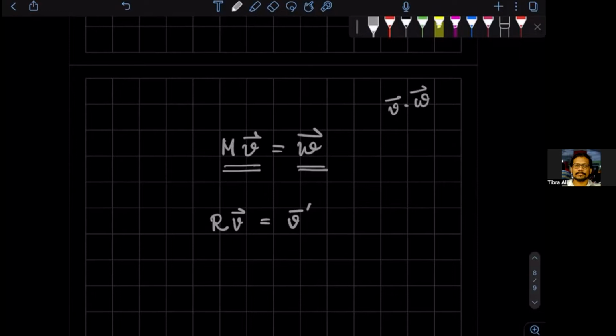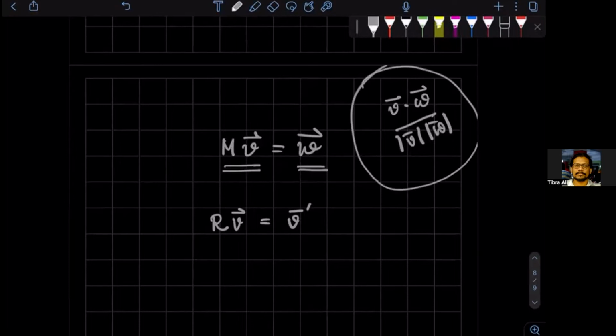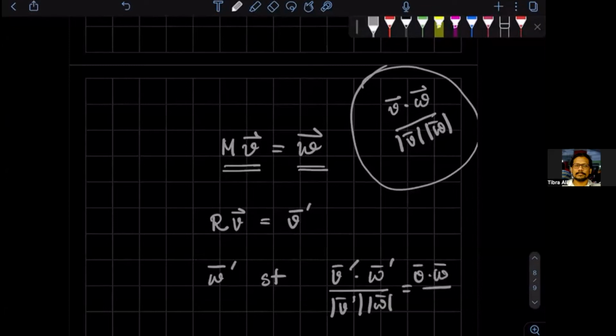But M acting on V gave you some W, and between V and W there is going to be some angle, right? If you divide by their mods, this captures the relationship between V and W. So you want to find a W prime such that the V prime, W prime relation is equal to V dot W, right?